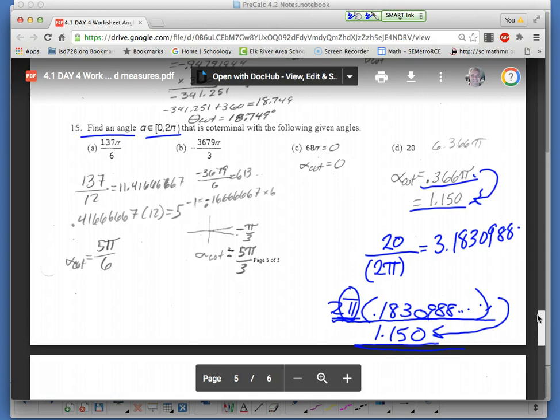Okay, it just depends on how I want to house the problem. In terms of pi or not. Okay, and because it was between 0 and 2 pi, that kind of pushed me to put it in pi that way, but this is also acceptable unless I say something else. You all right with that?